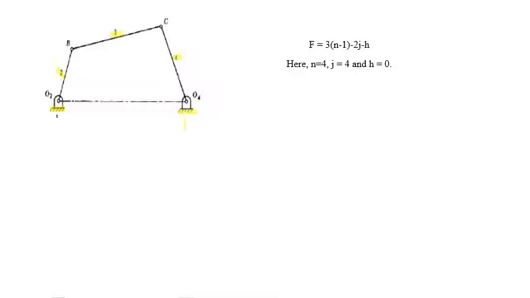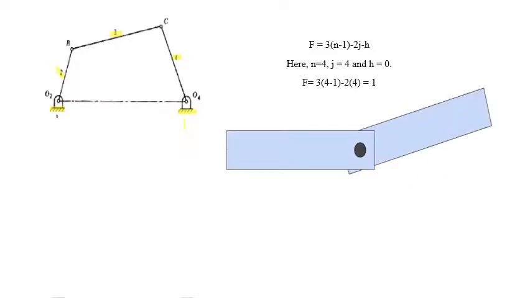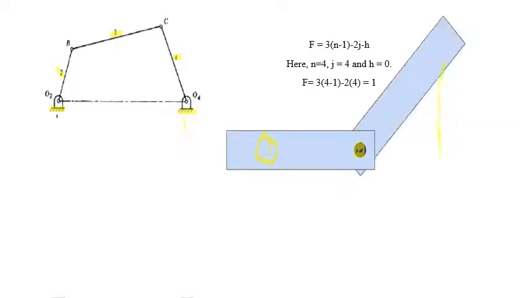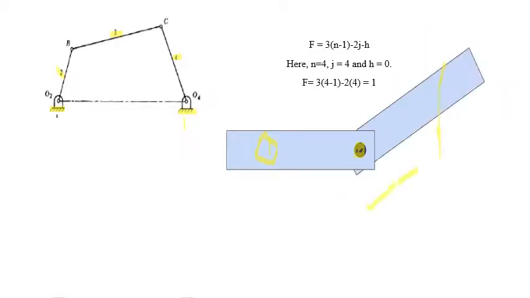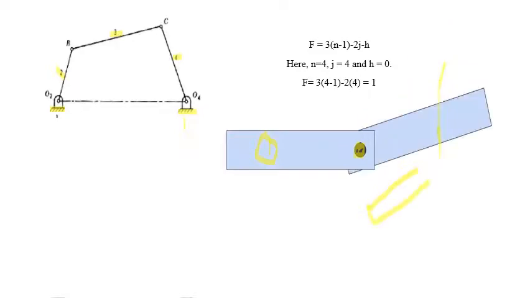Now let us count the number of lower pairs. A lower pair is nothing but having surface contact. It looks like a pin joint, and you can see this is a pin joint. This is link 1 and this is link 2. These two links are joined by using a pin. A pin is like a shaft like this.